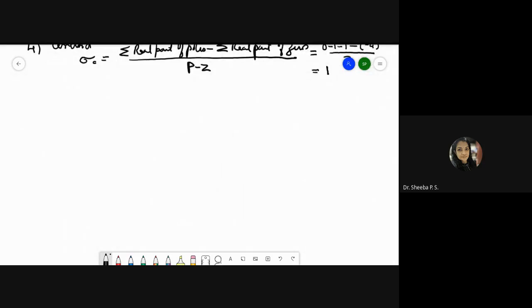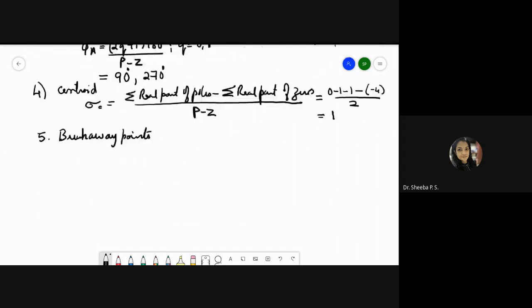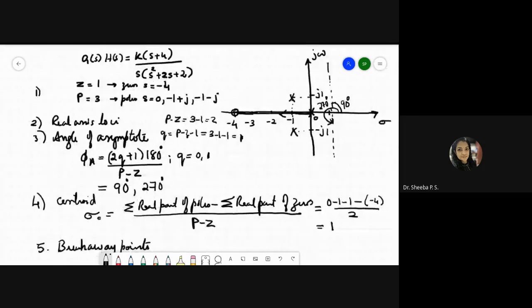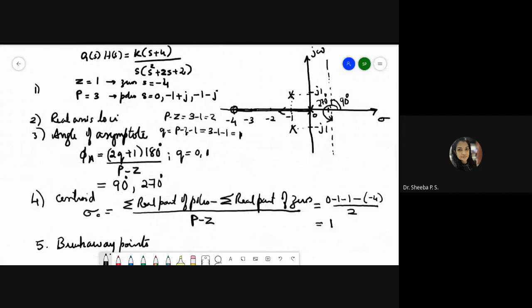Now what is the fifth step? Fifth step is, see, we have to find the breakaway points. Where are the breakaway points? If two poles are placed next to next, then the locus has to break away from the real axis and it should go to infinity.